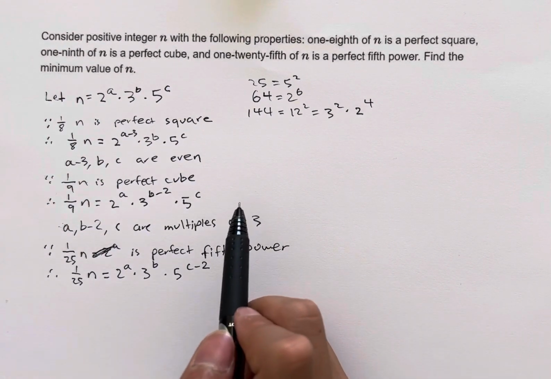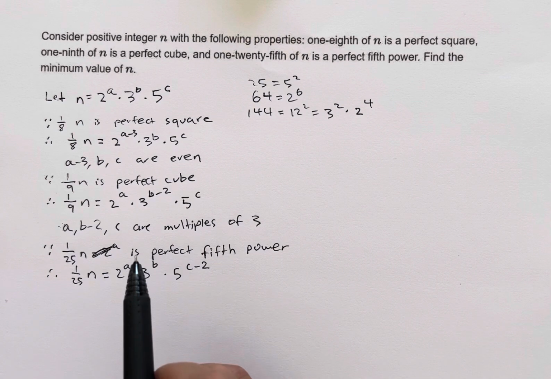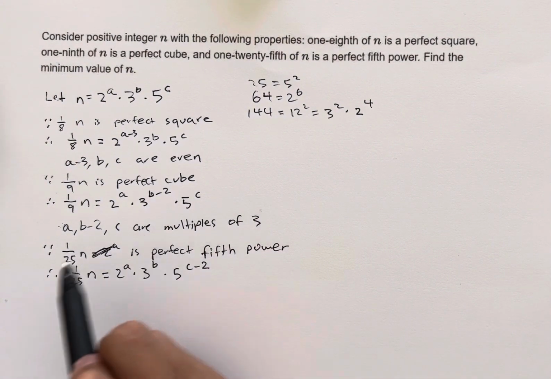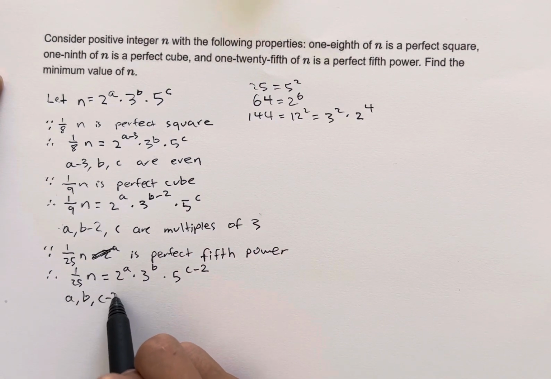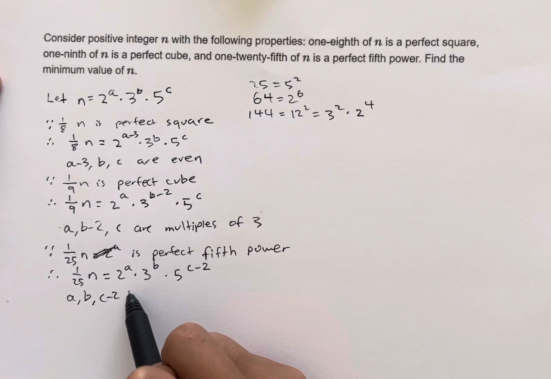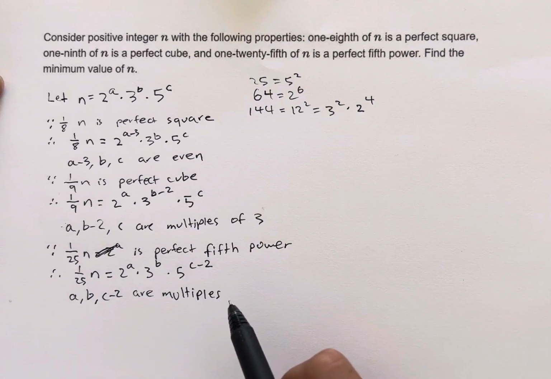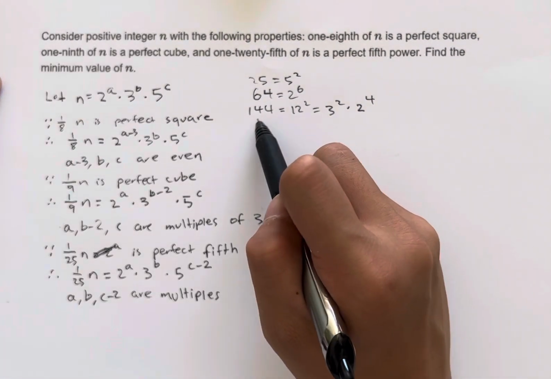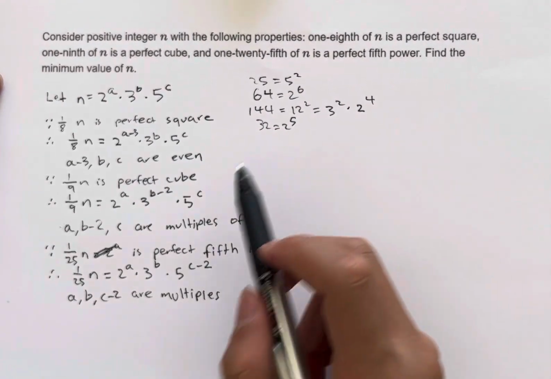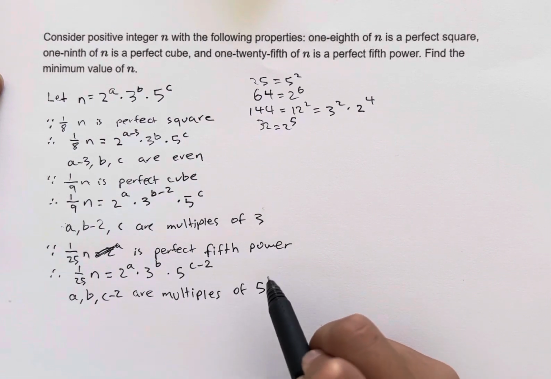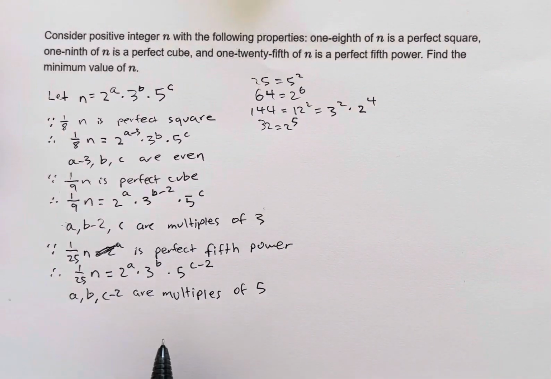Once again, 1 over 25 equals 5 to the power of negative 2, so 5 to the power of c times 1 over 25 will be 5 to the power of c minus 2. And then a, b, and c minus 2 are multiples of 5, since it's a perfect fifth power. Like for a perfect fifth, 32 equals 2 to the power of 5, and 5 is a multiple of 5, obviously. So now we can use this information to find the minimum of a, b, and c to get us the minimum of n.